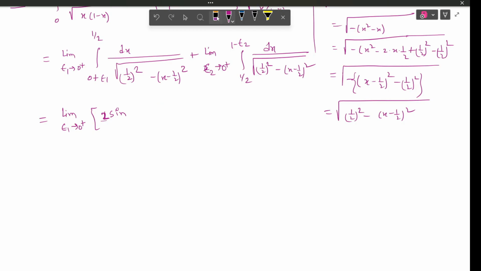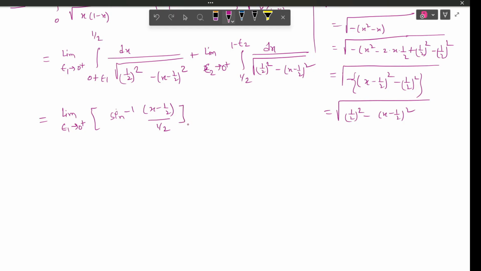This is sin inverse x by a only. Okay, sin inverse x by a. Sorry, 1 by root under a square minus x square is sin inverse x by a. Here x is x minus half, a is half. Okay, it is only sin inverse x by a.